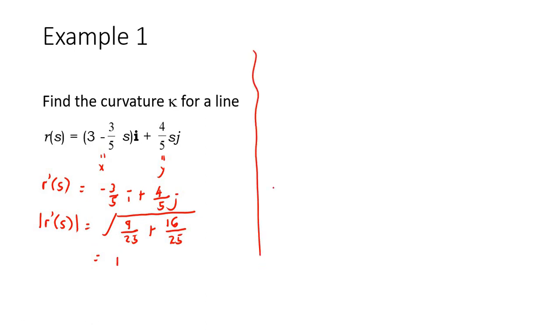The unit tangent vector T in terms of s will be r prime s divided by the magnitude of r prime s. So r prime s is negative 3 over 5 i plus 4 over 5 j, and the magnitude of r prime s is 1.